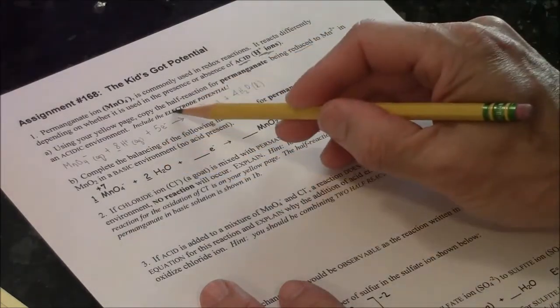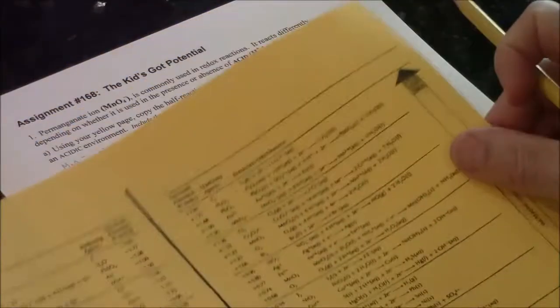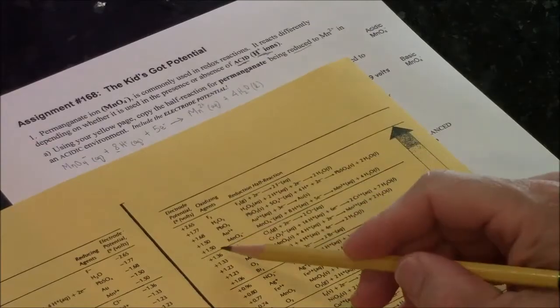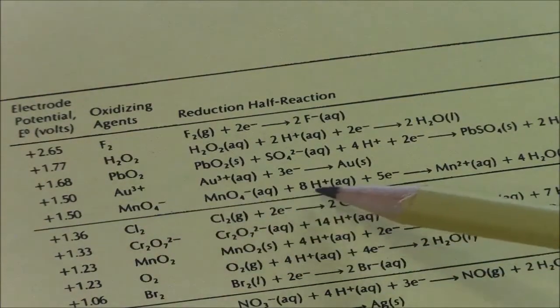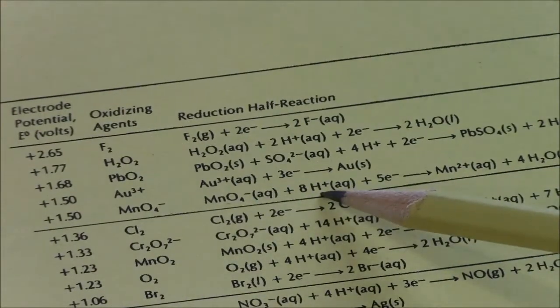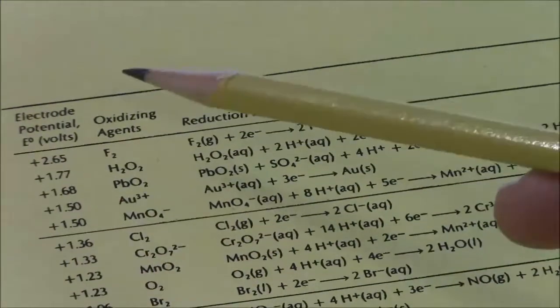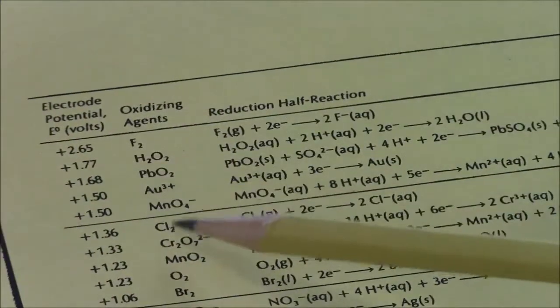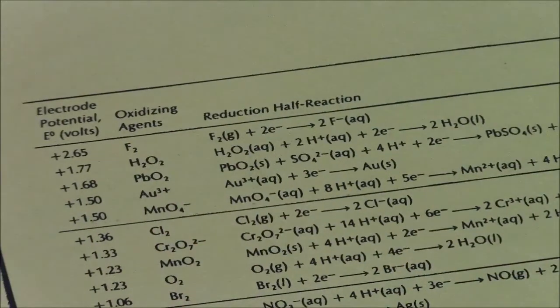It does say now include the electrode potential. So on the yellow page, you'll see that here's the permanganate reaction that I'm talking about with permanganate ion and added acid, H+. It has a potential of positive 1.50 volts. We'll find that that number is very important.